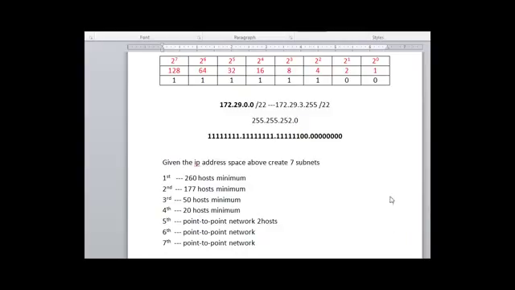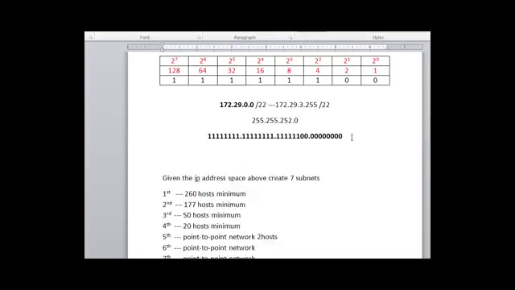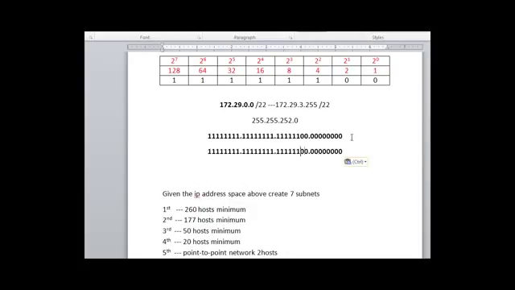Right now with a /22 subnet mask, how many hosts are in this network from 0.0 to 3.255? Well, we can figure that out pretty easily by looking at this example I'm going to show you right now. If this was a traditional 24-bit subnet mask, it would look like this.